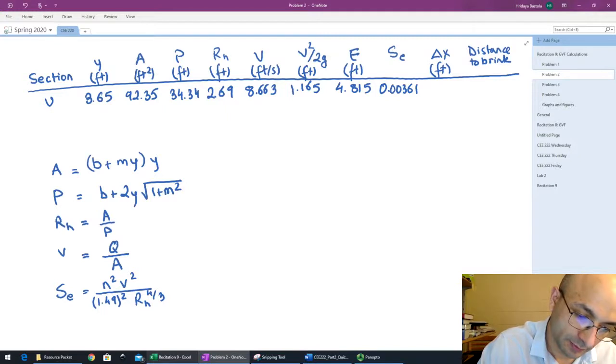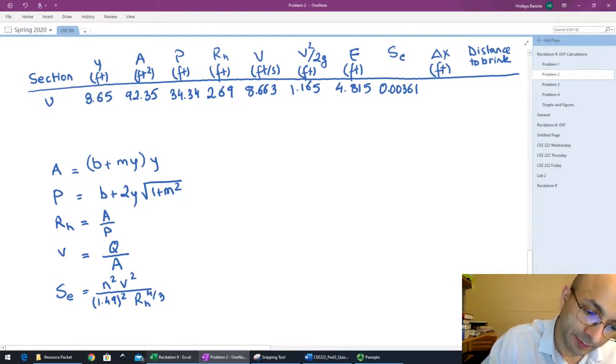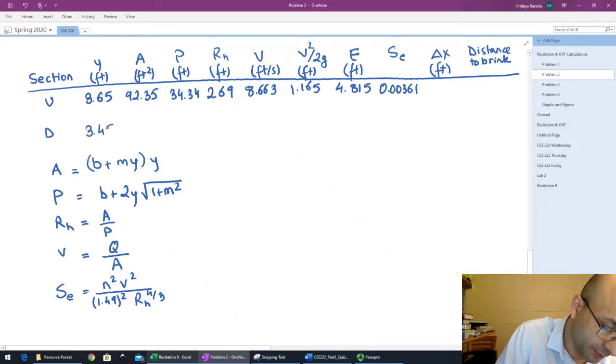And we can actually add a new column here for SE average. Okay, so then for the downstream portion, the water depth is equal to the critical water height, which is 3.45, and using this y value we can calculate the whole range of variables here.